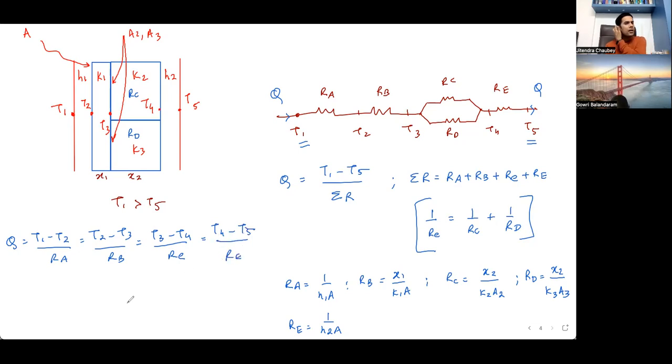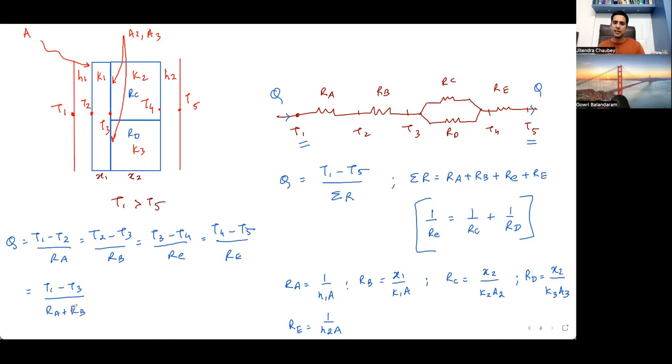You can also have some combinations, like T3 minus T5 upon the resistance addition. You can create many combinations. Just for example, it can be T1 minus T3 upon RA plus RB.